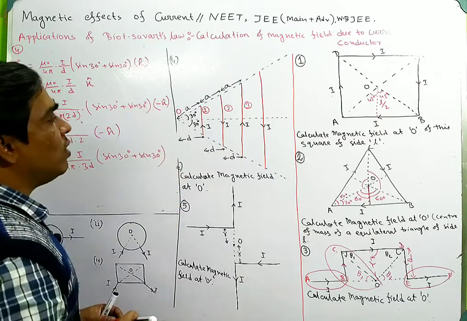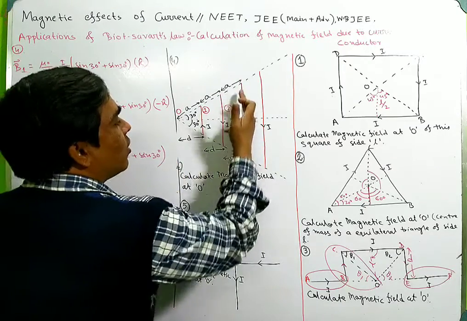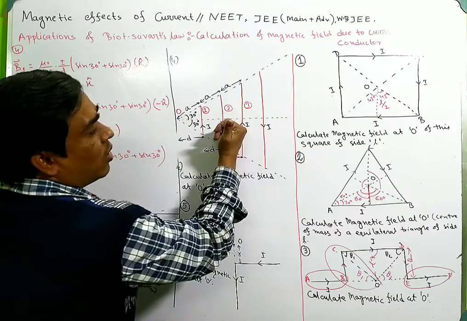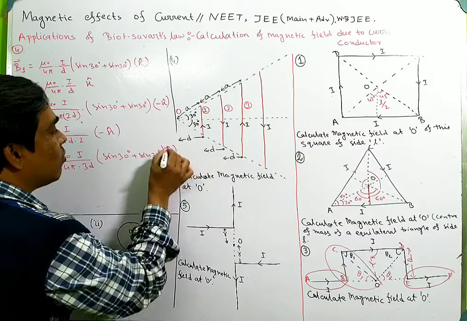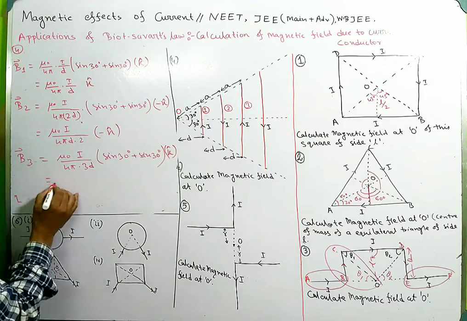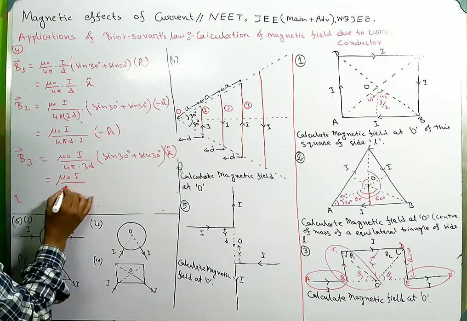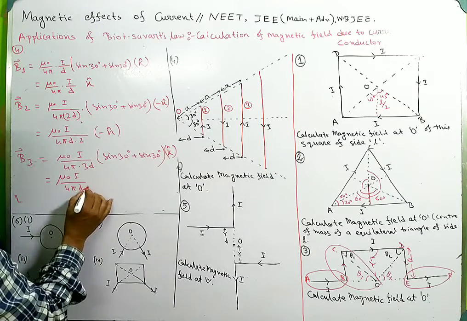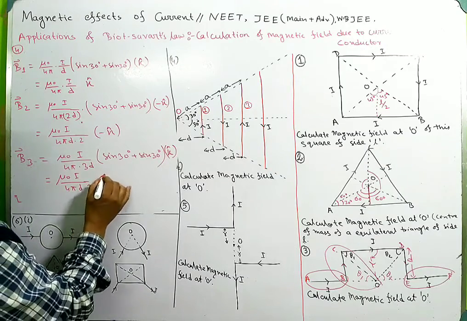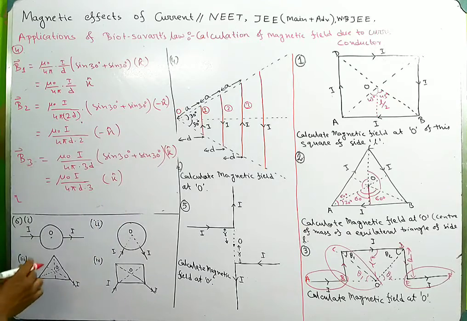The current through this wire is along this direction, so the direction of the magnetic field will be k cap. So it will be mu 0 I by 4 pi d into 3, along k cap.